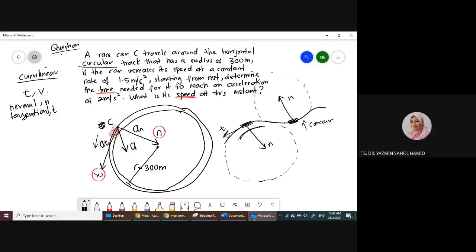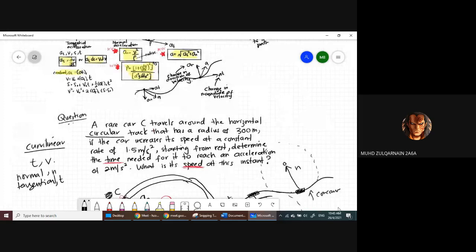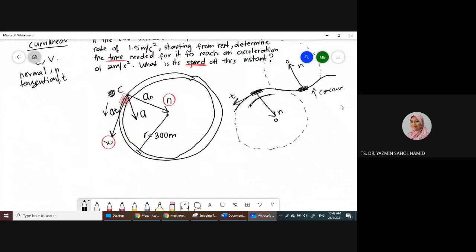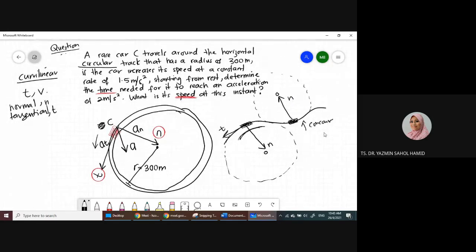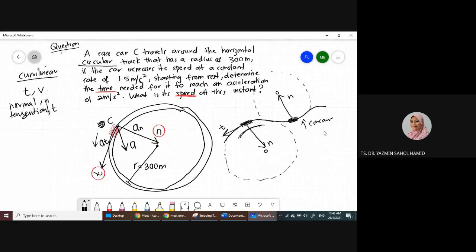Means point towards the center, or point to the center of the circle. Do you understand? Okay, towards the center of the circle. Good. That is a good question so that you don't make mistake in the direction of your N.